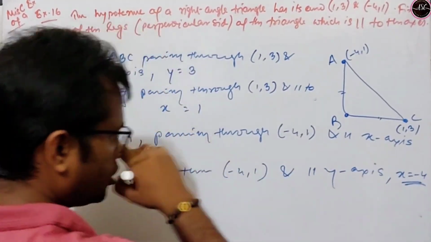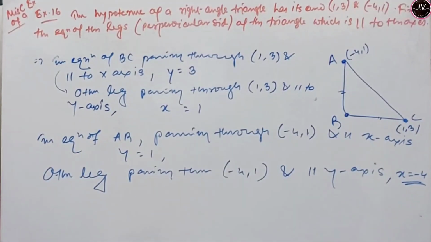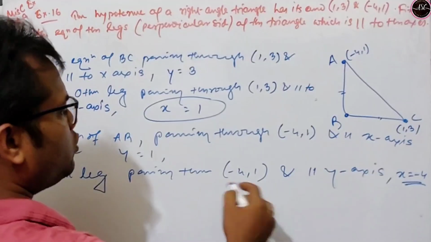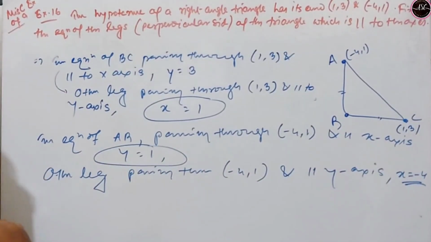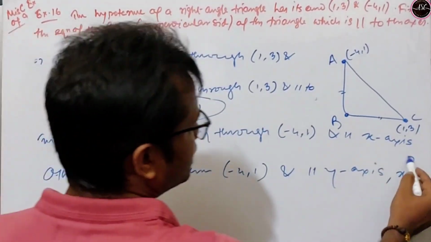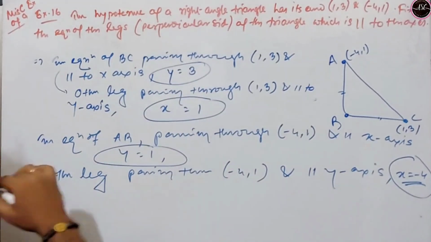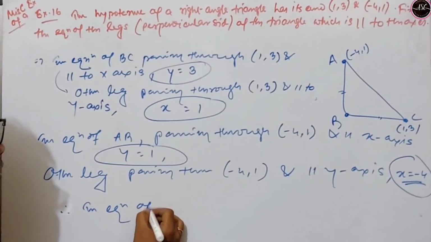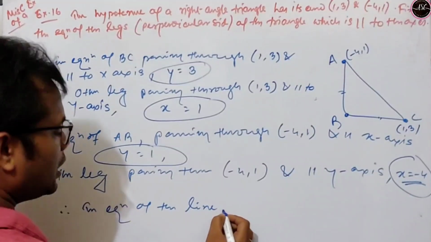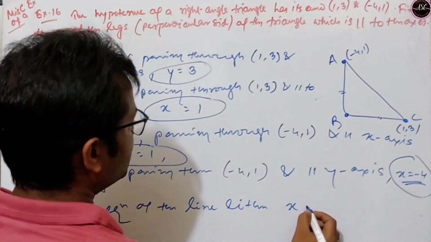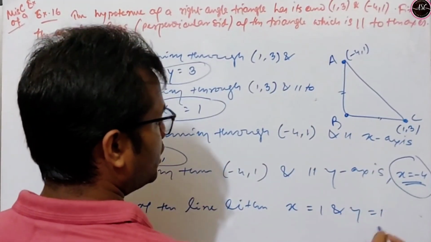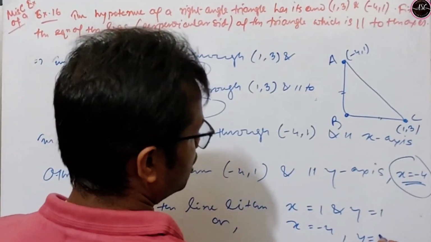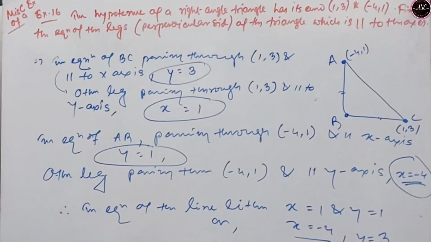So here we get two conditions: either x equal to 1 or y equal to 1, otherwise x equal to -4 or y equal to 3. So the equation of the line is either x equal to 1 and y equal to 1, or x equal to -4 and y equal to 3. Okay, clear?